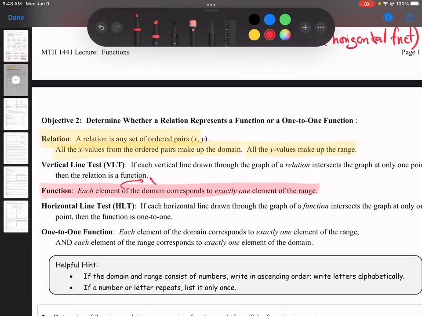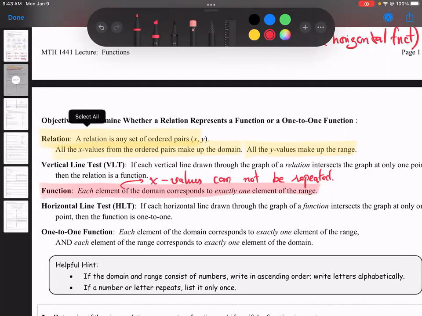Function means your x values cannot be repeated. Like it says, each element in the domain, meaning the x value, corresponding to exactly one. So there's only one y for every x. I'm not saying one x for one y. One y for every x. Y can be repeated. It's fine to be repeated.